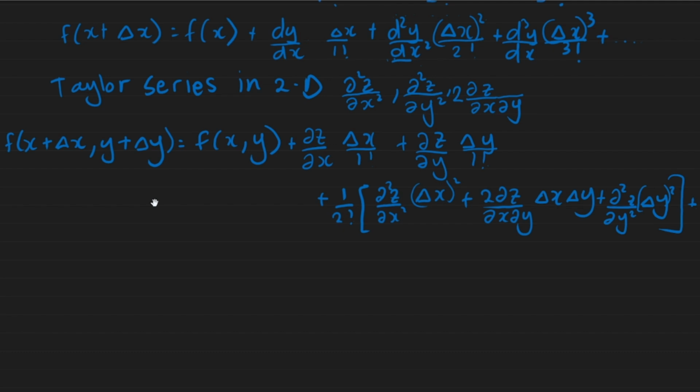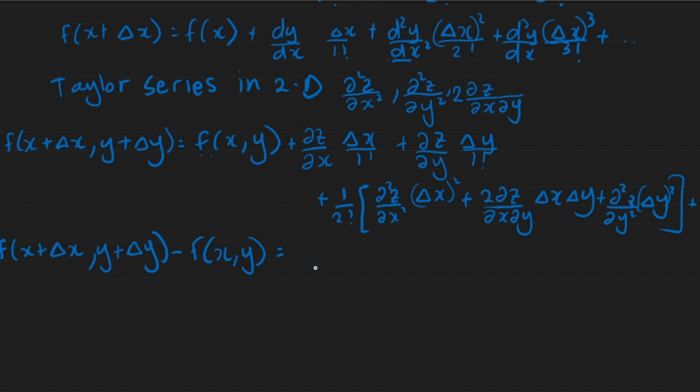So can we actually refine this at some stage? If we just do a bit more algebra here, we can take this function f(x, y) to the other side. So we have f(x plus delta x, y plus delta y), and we move this along to the other side, becomes minus f(x, y), and then this is equal to all this stuff.